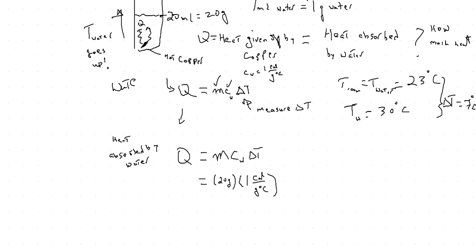Delta T was 7 degrees up here, times 7 degrees Celsius. Okay, so this is my example. Notice degrees Celsius goes out, grams goes out, and we're left with just calories because it should be heat. So we get 20 times 7. So this would be 140 calories. Okay. So this is the heat absorbed by the water.